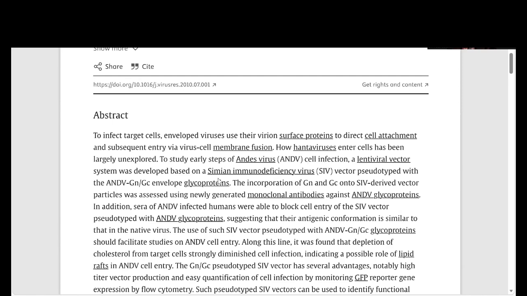But better yet, you can actually just build it by using plasmids and have a plasmid that codes for the SIV, take out the typical SIV glycoprotein spike, and insert the code for the GNGC.